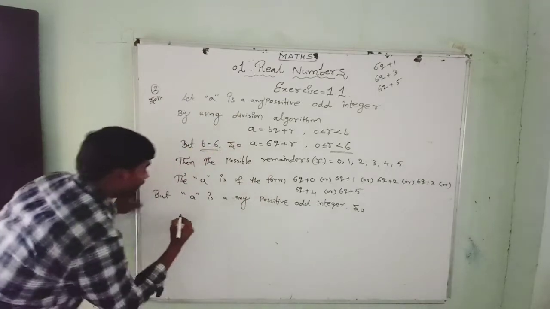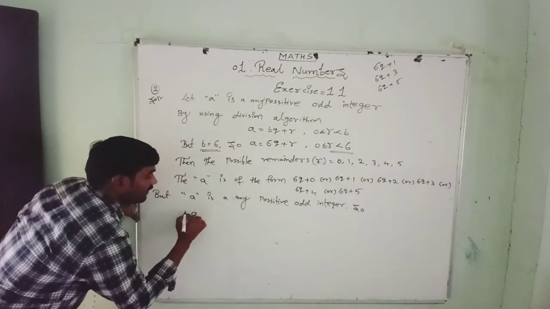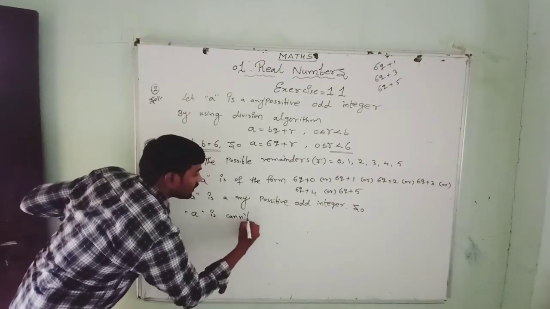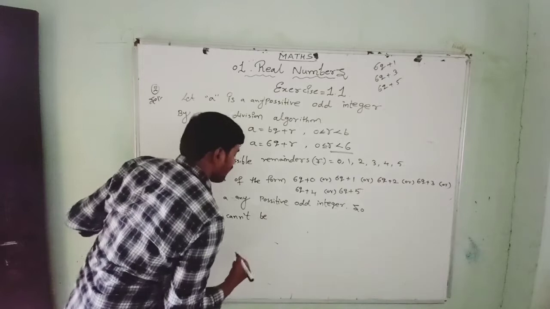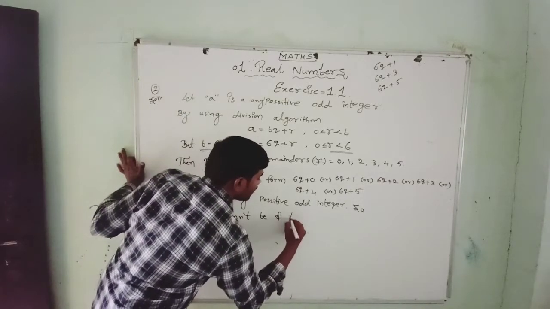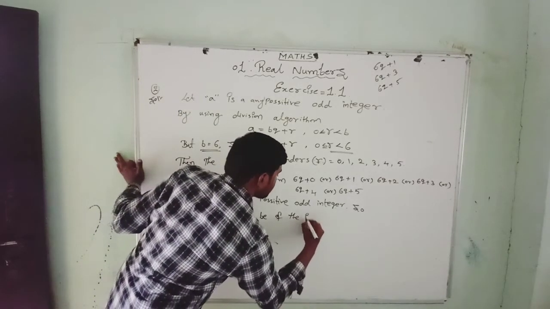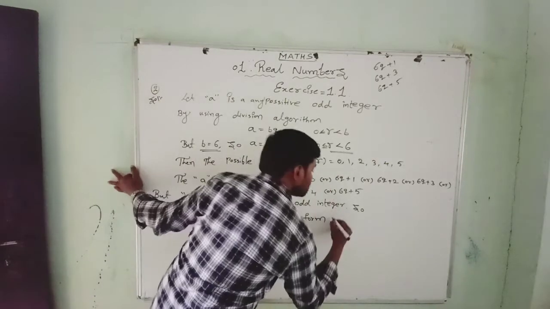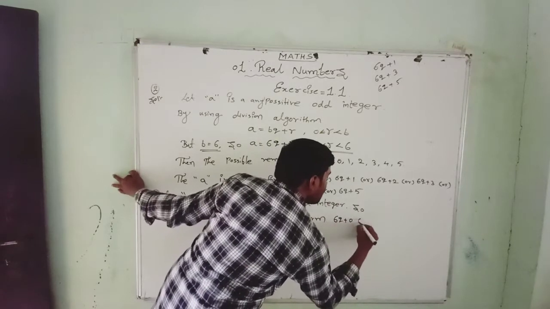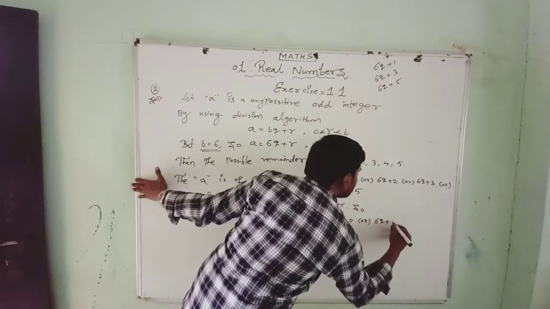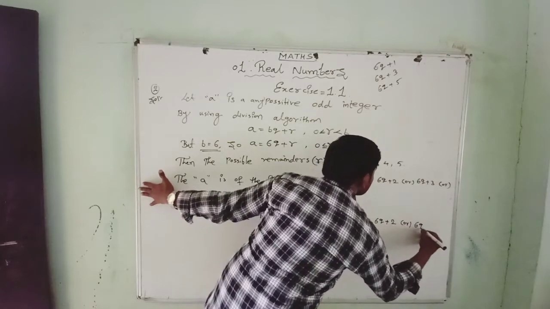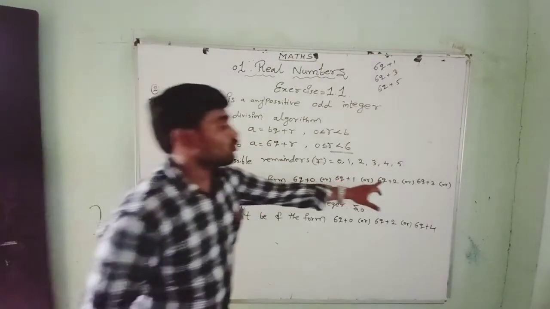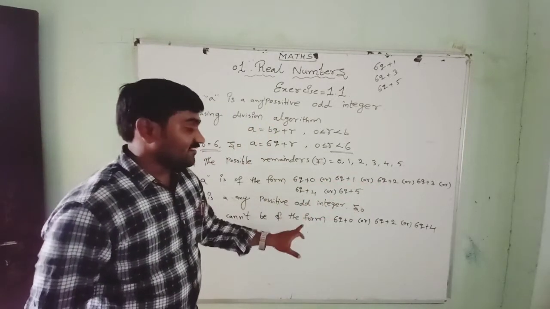So a cannot be of the form 6q + 0, 6q + 2, or 6q + 4, because they are even.